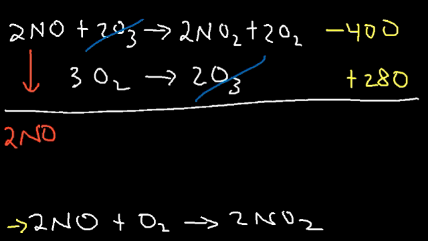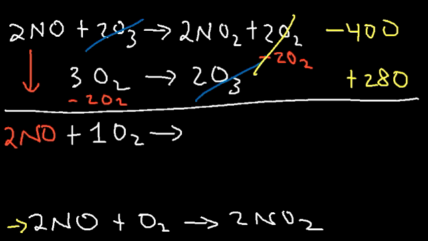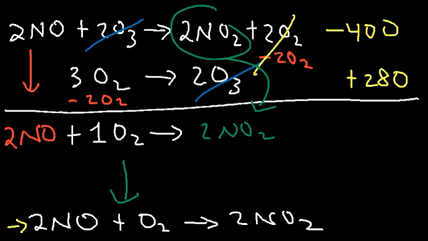So if we subtract the right side by 2O2 and the left side by 2O2, these will cancel, and 3 minus 2 is 1. So we're going to get 1O2 on the left side. And on the right side, this is going to just fall down, and so it's going to be 2NO2. Notice that it's the exact same as this reaction. They are identical. So we have the net reaction.